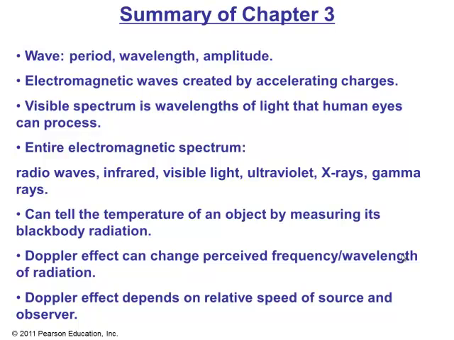The visible spectrum is the wavelengths of light that our human eyes can process, which is in the range of 400 to 700 nanometers. The entire electromagnetic spectrum, starting from the largest wavelength, is radio waves, infrared, visible light, ultraviolet, X-rays, and gamma rays. That's something you should definitely learn.